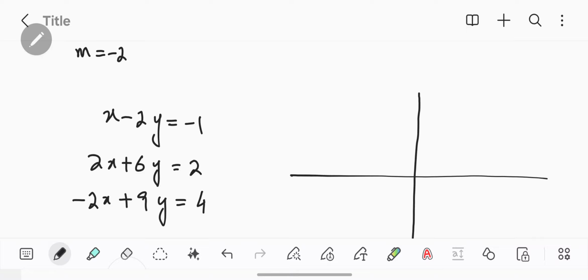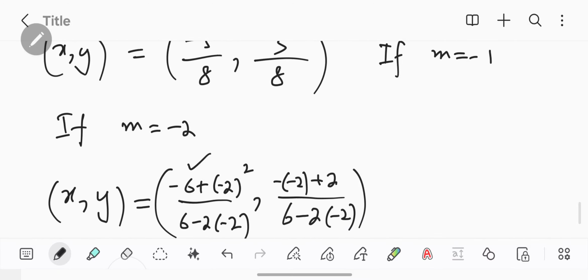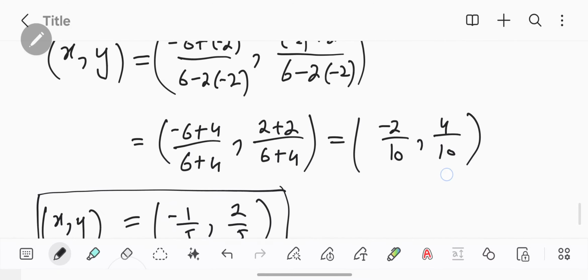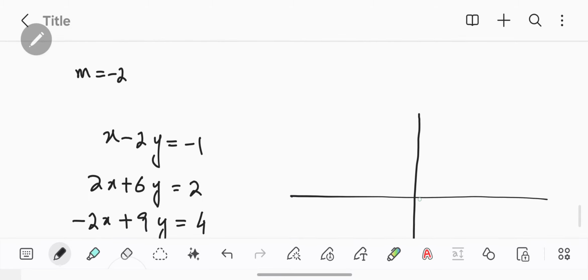If you draw these three different lines using GeoGebra, they will intersect at some point. Since for m is equal to minus 2, the solution is minus 2 by 10 and 4 by 10, which is somewhere here. That means you will have three different lines intersecting at this point.